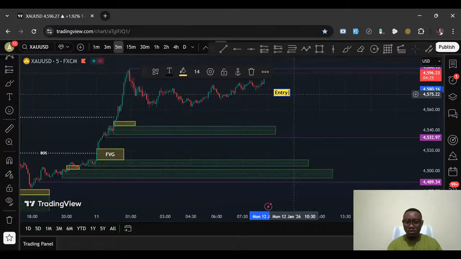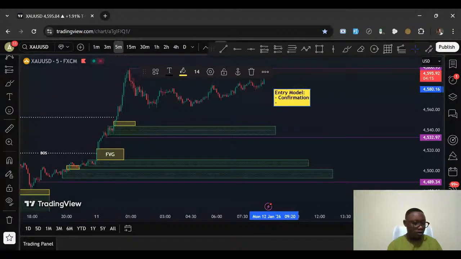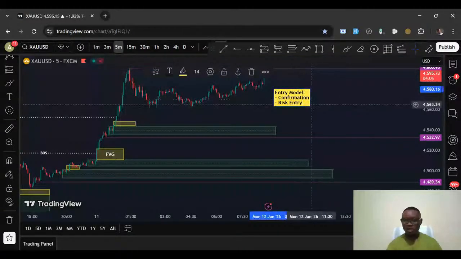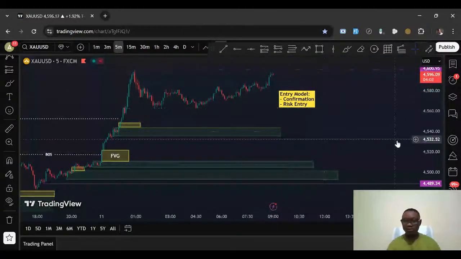So I have the confirmation entry, and I have the risk entry. These are the two entry models I use when price gets to my point of interest.